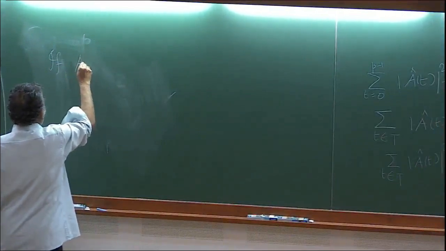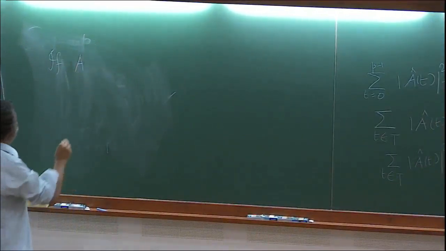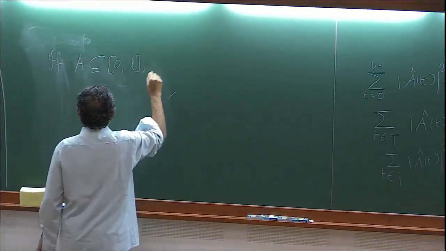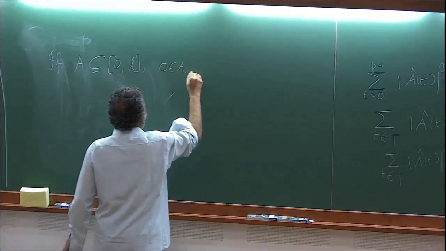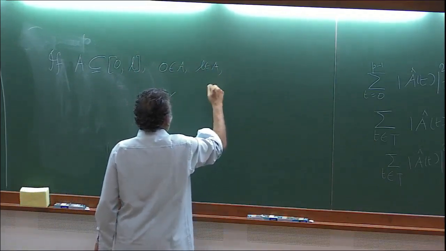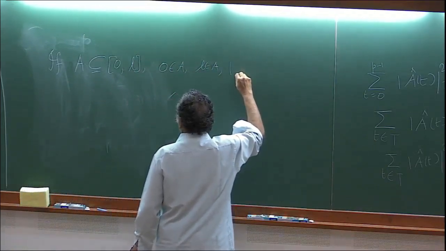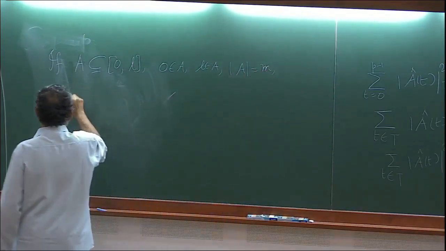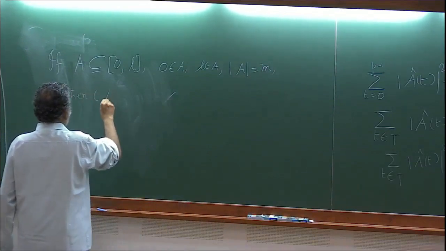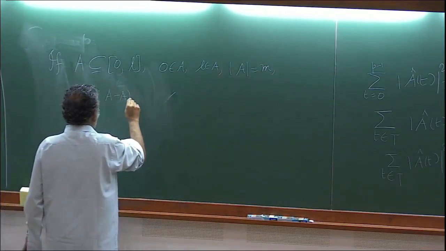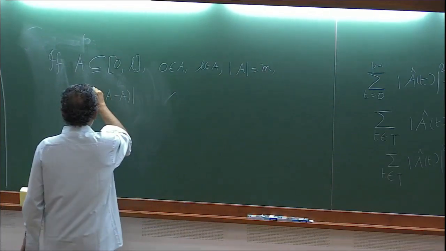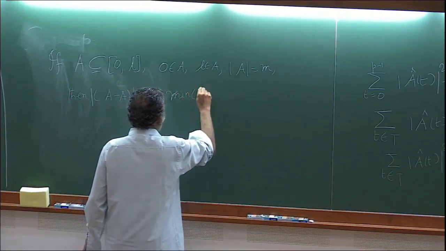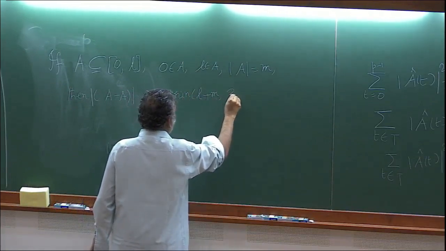If A, I should not use the same A, but it's okay, is contained in [0, L], and if 0 belongs to A, L belongs to A, and the cardinality of A is equal to M, then the cardinality of A minus A is bigger than or equal to the minimum of L plus M and 3M minus 3.